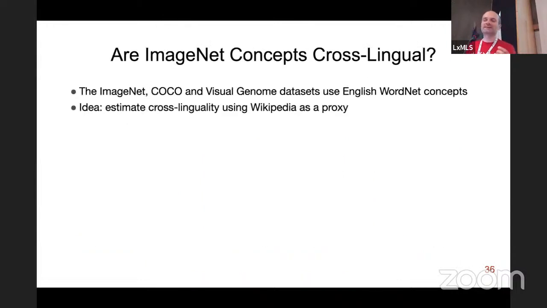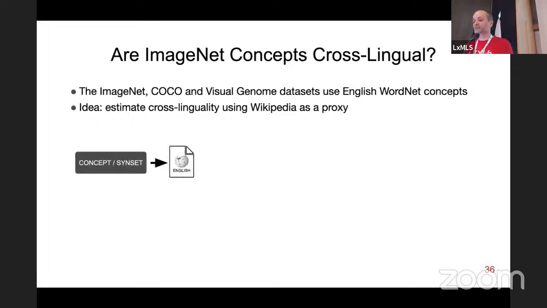And so one thing you can ask is, are ImageNet concepts actually cross-lingual? So we do this by taking the labels of objects in ImageNet and then looking at Wikipedia as a proxy for this. So you take some kind of concept or synset in ImageNet from English, and you look to see, are there links to other languages? That means that the page exists there.